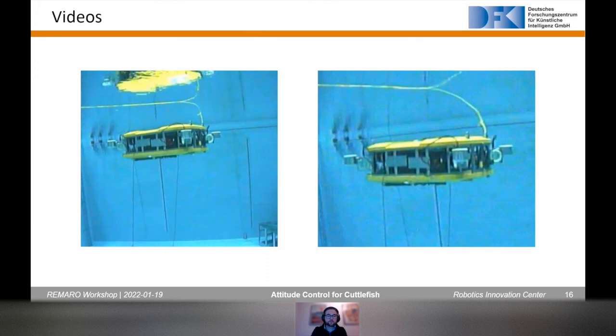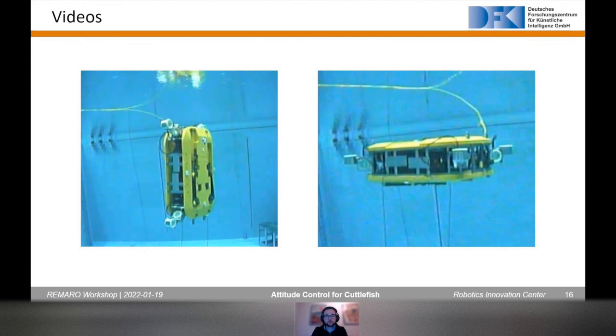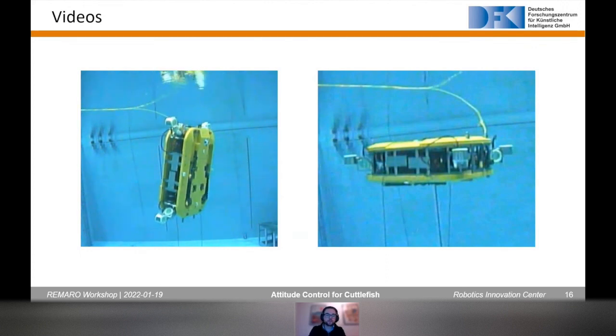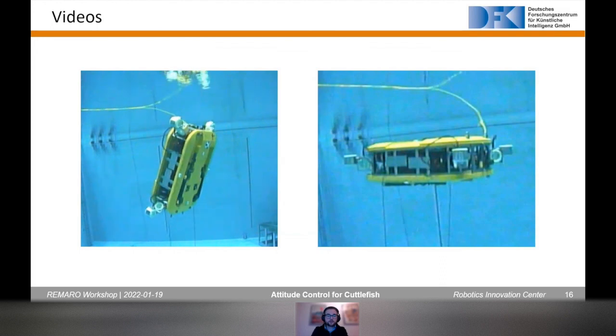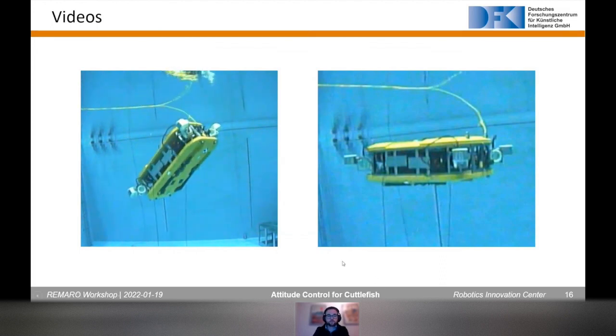While this is running, there was no position control, so we have no position feedback. The position is just not controlled at all. It's just based on the velocities, or the linear velocities are tried to be minimized, and it still does quite a good job at changing the orientation.